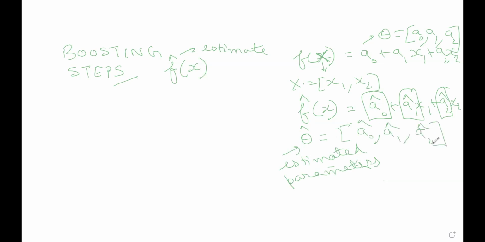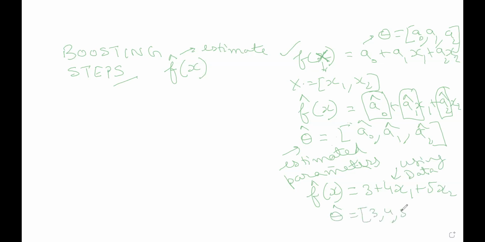For example, say this was an unknown function for which the parameter estimation has not been done. After the estimation, the function looks like 3 plus 4x1 plus 5x2. This comes from some estimation procedure using data. So my theta cap, the estimated parameters, are 3, 4 and 5. Agreed? Is this part clear to you?